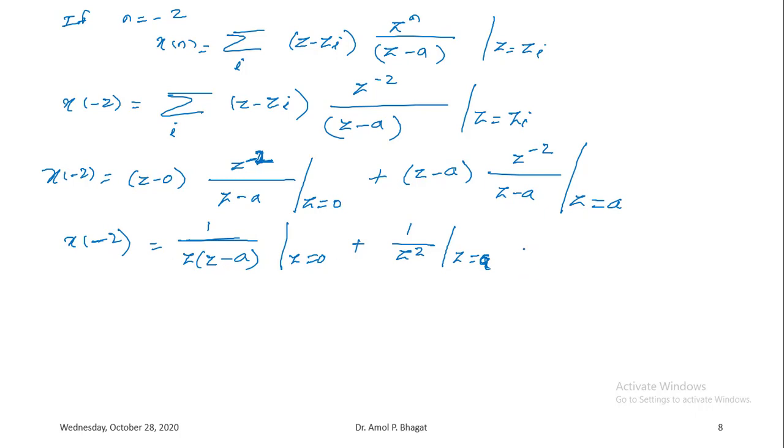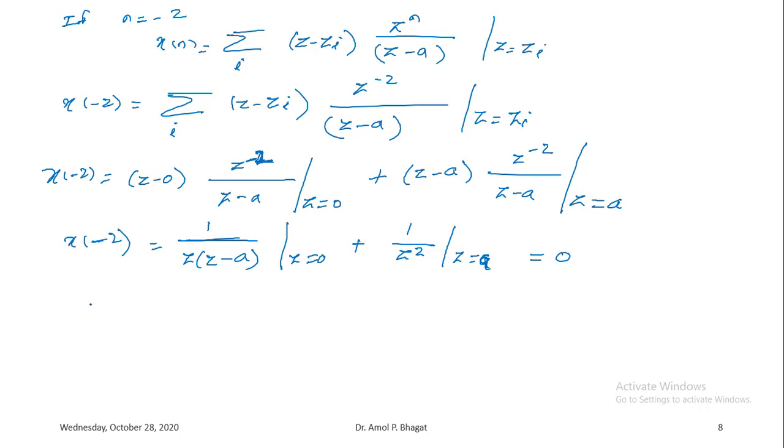But for negative values of n, if you again substitute n is equals to minus 3, minus 4, it will be 0 somewhere near infinity. So you can consider this for negative values of n.